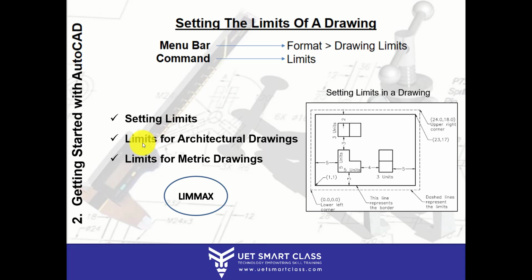So this is the way of calculating limits in architectural drawings. Now you can also set your limits in metric drawings. Here in metric drawings, basically our scale is like 1:20, 1:10. So these are the basic scale factors. Again, if 1:20 is my scale, the scale factor would be 20.